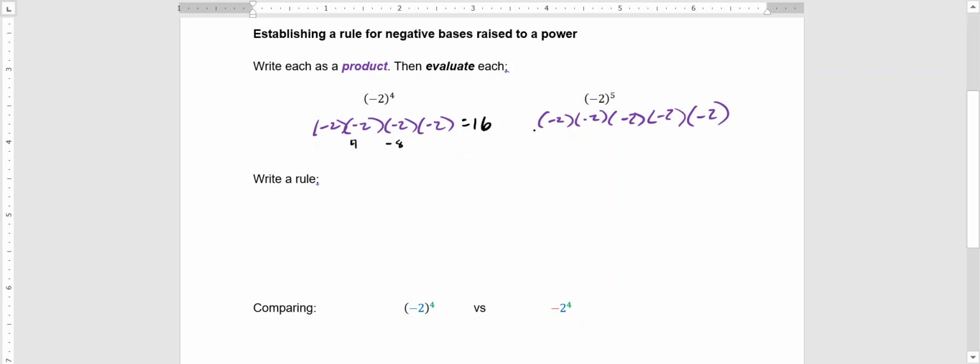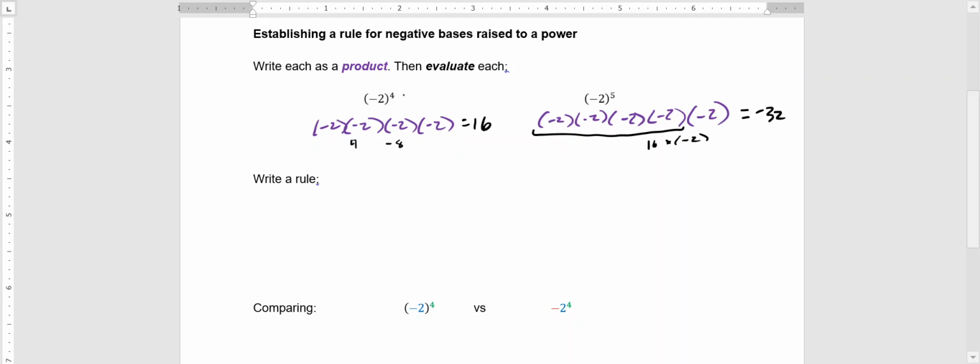So we already knew that up to this point we had 16. And if we multiplied by negative 2 one more time, that's going to give us negative 32. So that should be revealing enough for us to understand how the switch gets turned on and off with a negative number being repeatedly multiplied.